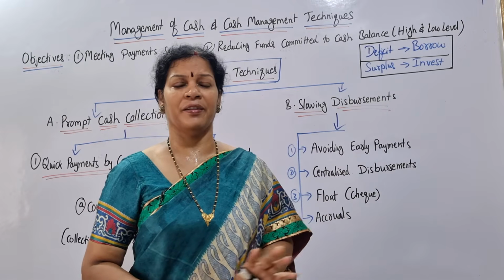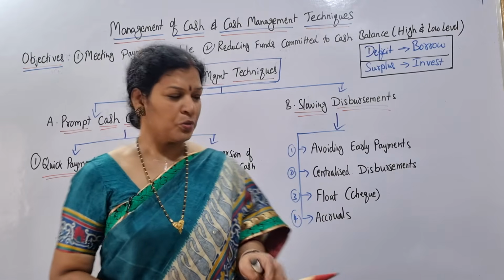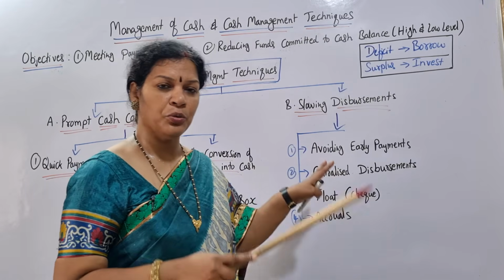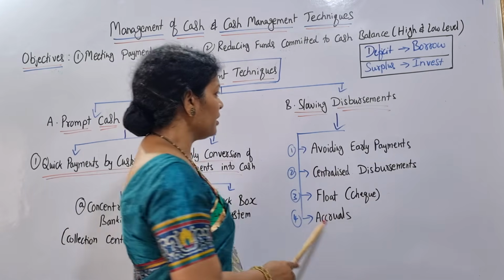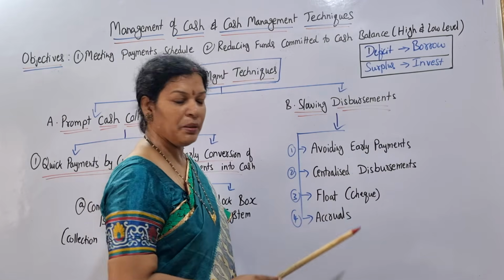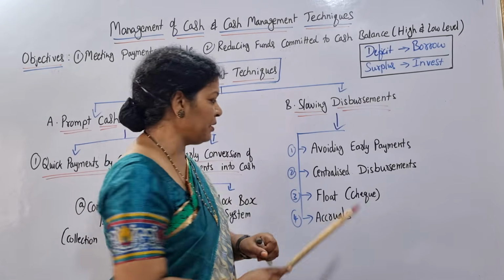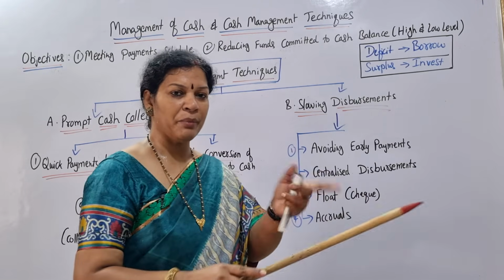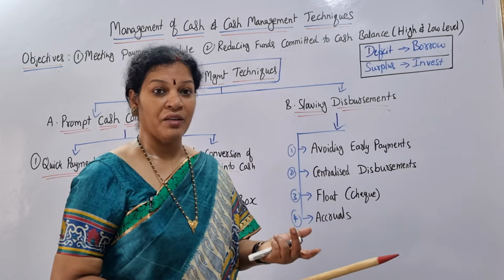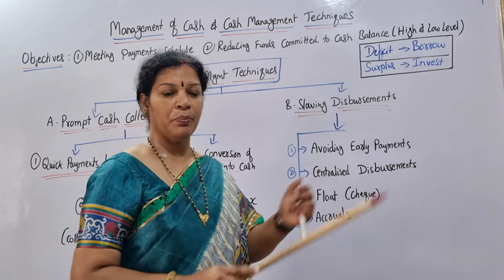We'll pay later. If possible, try to lag it, try to slow it. So these are the 4 methods for slowing disbursement: avoiding early payments, centralized disbursement, where one department maintains it, float, where checks are prepared but not issued or given a disbursement date, and accruals. Make the payment slowly.